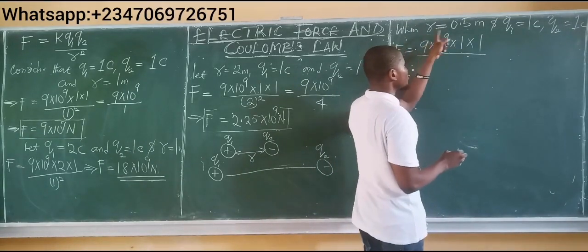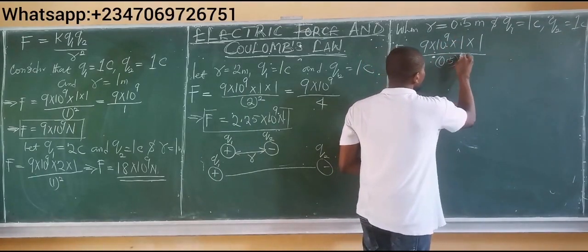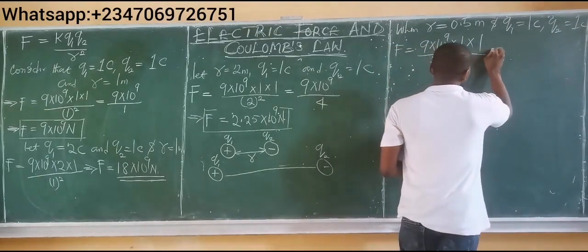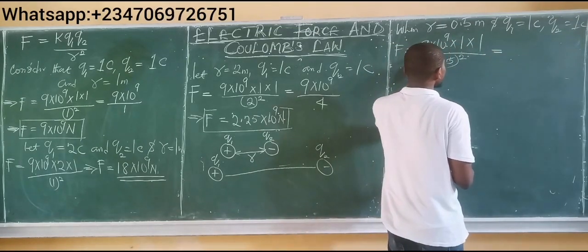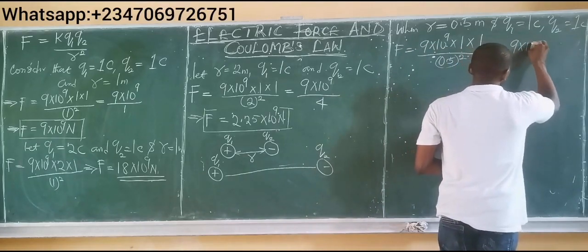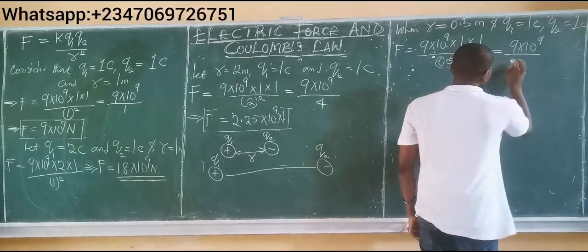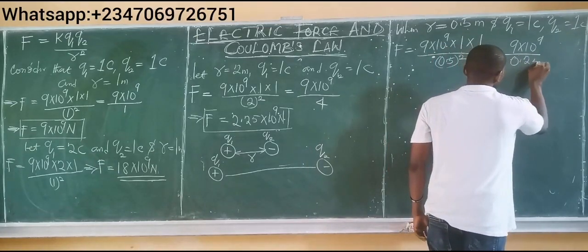And the distance now has been reduced to what? 0.5. So we have 0.5 all squared. Let's see what this value is going to give us. 9 by 10 to the power of 9 multiplied by 1 remains 9 by 10 to the power of 9, all over 0.5 squared, which simply gives us 0.25.